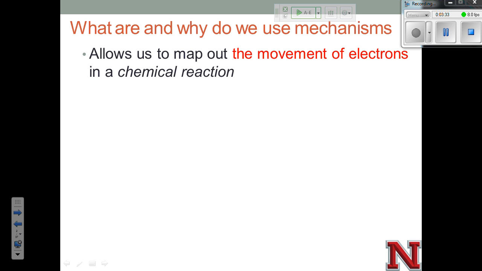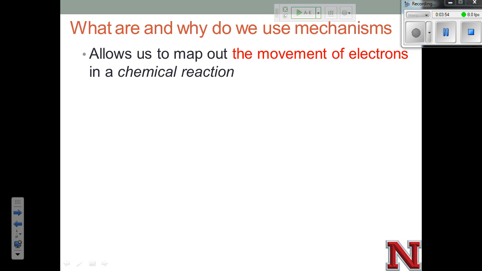Like, we draw the mechanism, see a carbocation, and then we can see if there's a rearrangement. That's going to tell us what our predicted major products are going to be, before we get in the lab and waste our time doing a reaction that's going to give us 10 different products, a big mess. That's not going to be helpful. So we're trying to avoid that.